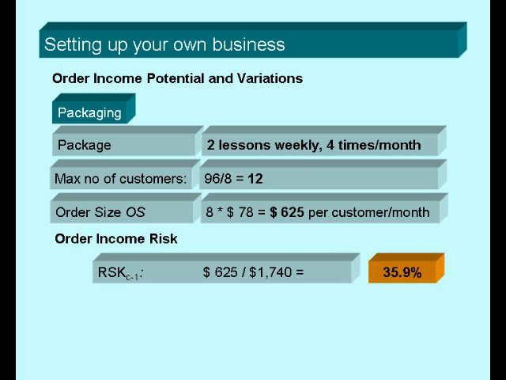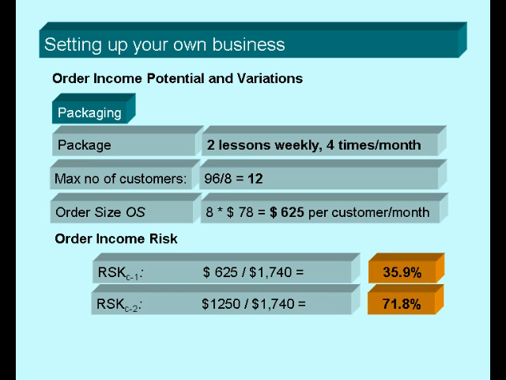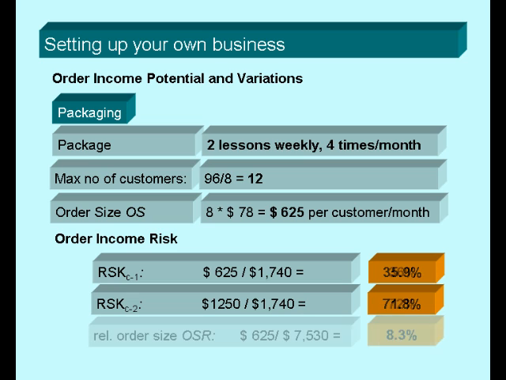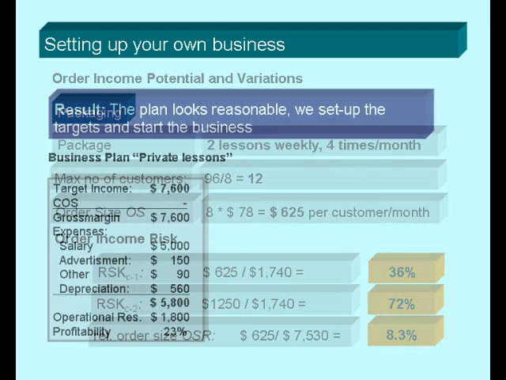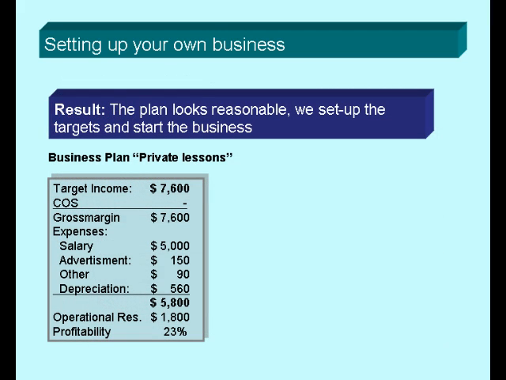If we lose one customer, the customer risk will be $625 over our delta order income break even of $1,740, resulting in a customer risk of 35%. Of course, if we lose 2 customers, the customer risk will double. The relative order size is $625 over our required order income of $7,530, resulting in 8.3%.